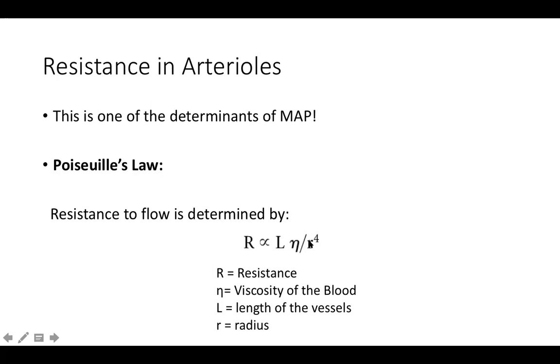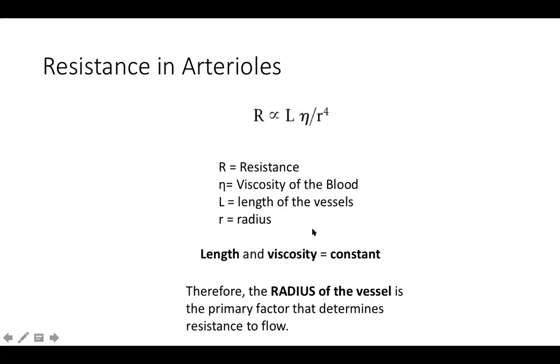And this is an important one because it's not just a linear relationship here. Yes, length is linear. Yes, viscosity is linear, but the resistance to flow has a relationship to the exponent 4. And that's going to come into play when we try to determine what's happening when these arterioles are vasoconstricting and vasodilating.